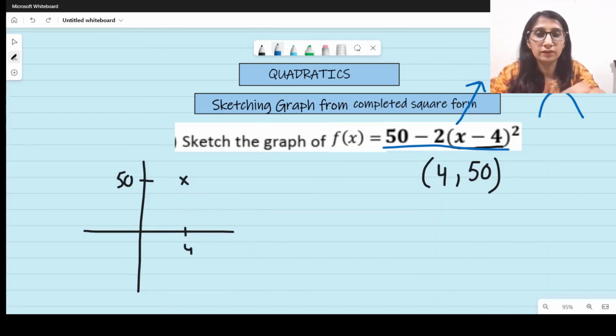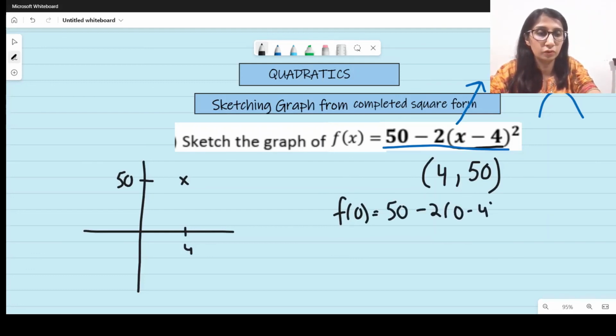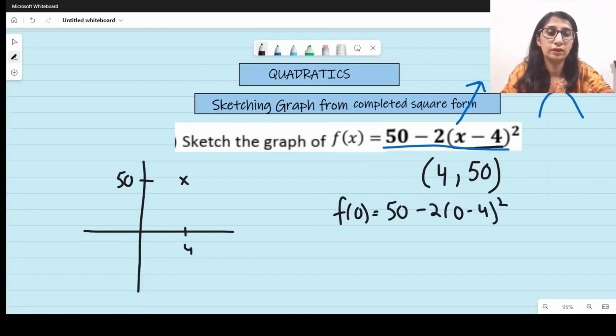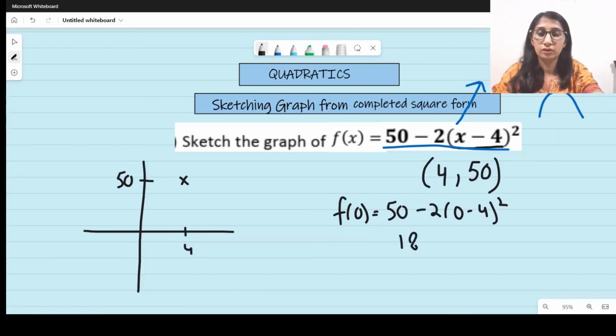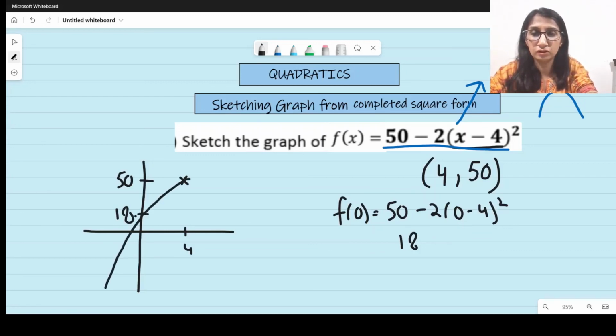How do we find the y-intercept? By substituting 0 in place of x. 50 minus 2 times (0 minus 4) squared. So that's 50 minus 2 times 16, that's 18. So this is the y-intercept somewhere over here, and this is what the sketch would look like.